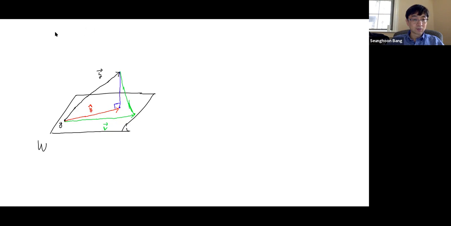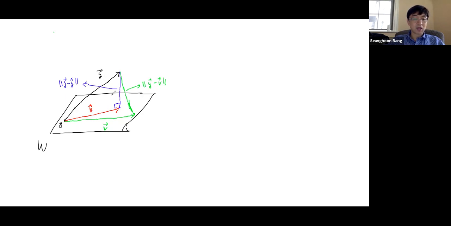This length is exactly y minus v. This blue one is exactly the norm of y minus y hat.